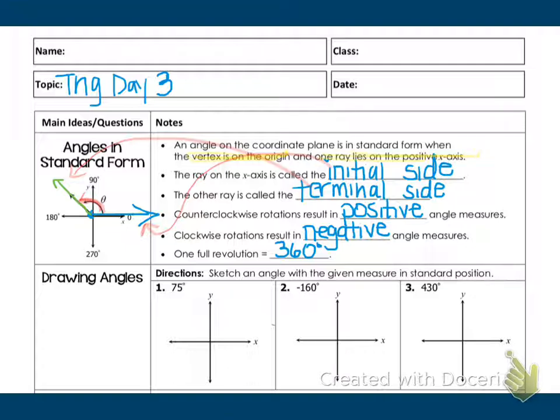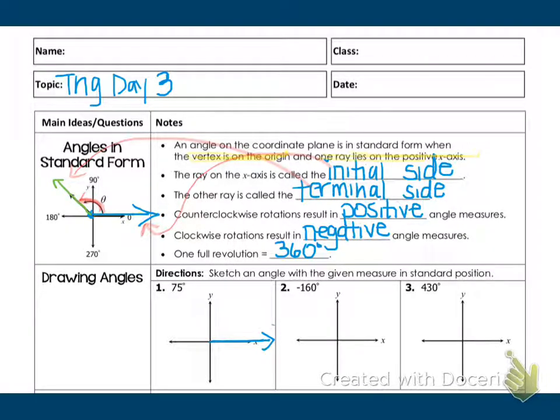The first thing we're going to look at is how we can sketch an angle with a given measure in standard position. Notice it says sketch. We are not going to get protractors out and be super precise. We're just going to eyeball them, but try to be as accurate as we possibly can. In this first one, they want me to sketch a 75-degree angle. I always start on the positive x-axis with my initial side.